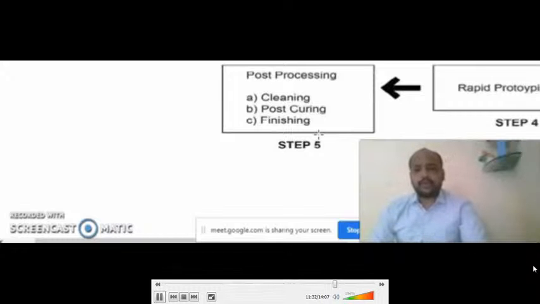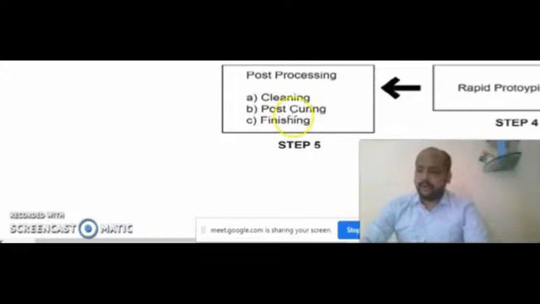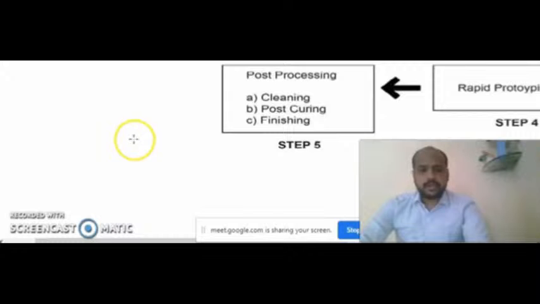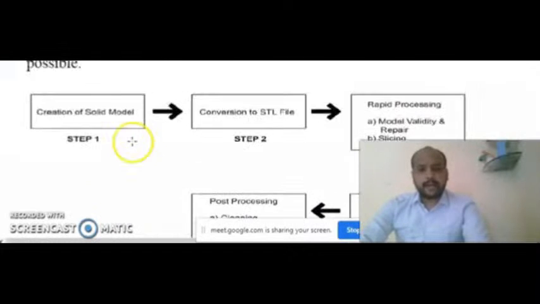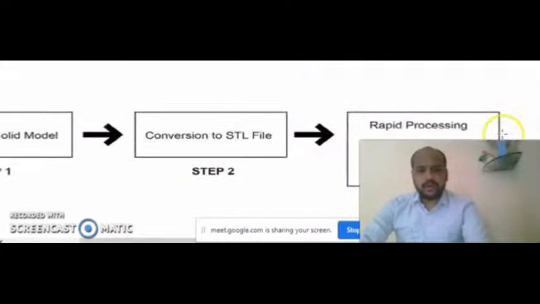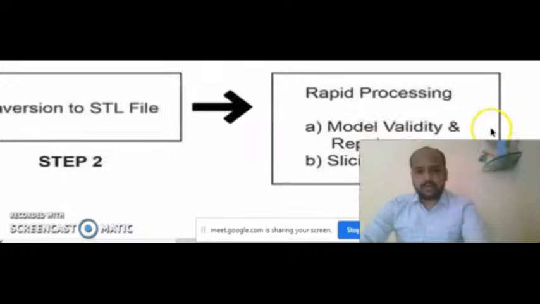If you want to manufacture a component, for example a pattern used during the casting process, you can create a solid model for that pattern. Then you convert that solid model to an STL file. Then in rapid prototyping, you go for model validation and repairing, and then slicing.